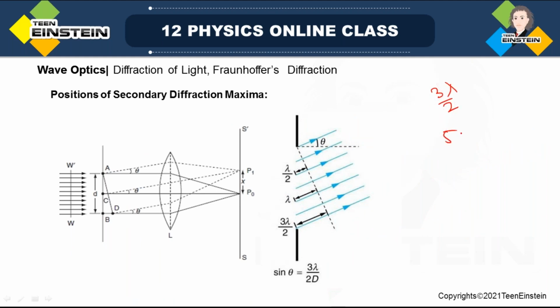Similarly, if you take 5 lambda by 2, then you have to divide the slit into 5 parts, so 2a by 5, then 3a by 5, like that.